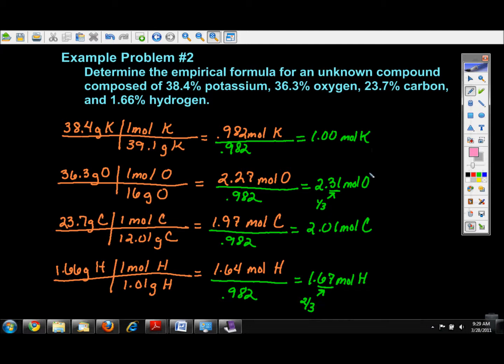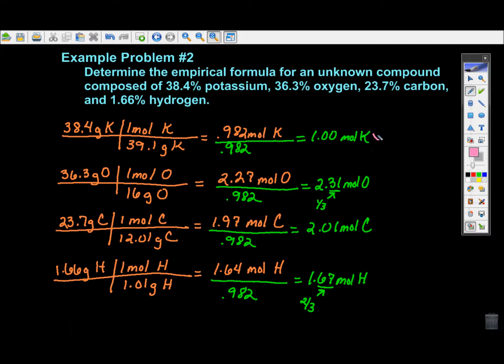So I'm going to multiply all of these quantities by 3, because when I multiply by 3, it's going to get rid of this fraction, this decimal. You can confirm this on your calculator, that we're going to get very close to whole numbers here. So that's exactly 3, so that'll be 3 moles of potassium.